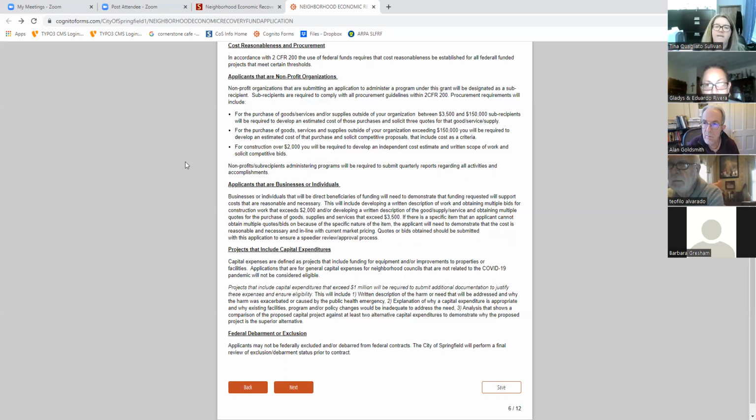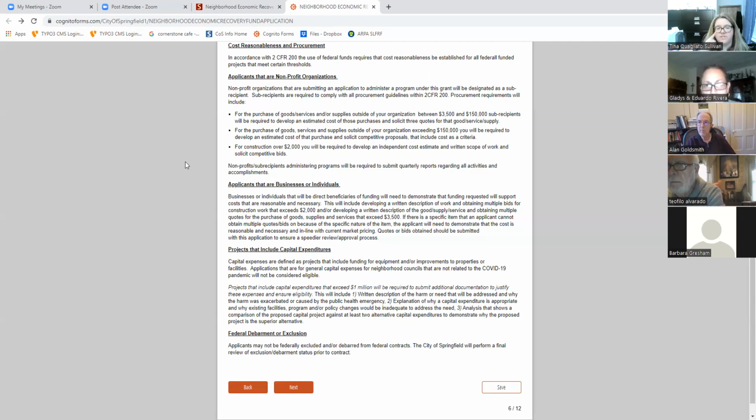What it means is if you are purchasing goods and services or supplies that are coming from outside of your organization, and that amount is between $3,500 and $150,000, you would be required to develop a cost estimate and solicit quotes for those goods and services or that supply.